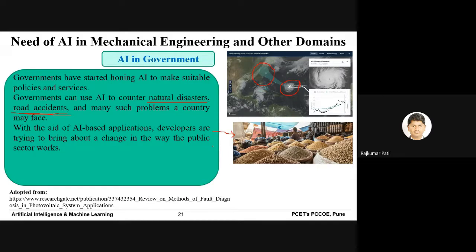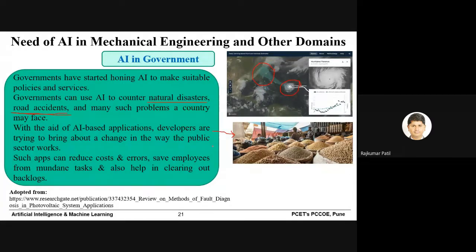That could again improve the public distribution system. So these are some of the examples where the government is incorporating AI and machine learning algorithms and techniques to increase the effectiveness of the system, the quality of the service, and many other parameters.